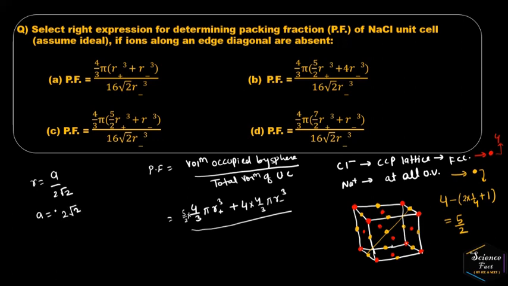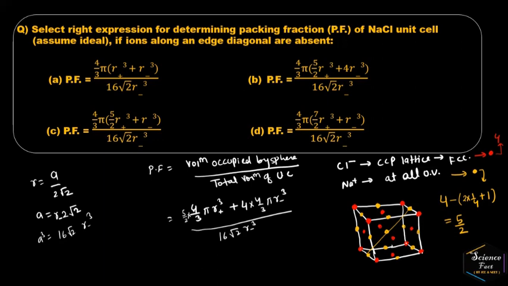But this r is nothing but r minus, because the FCC unit cell is created by chloride ions, that is why we have taken r minus. So of course a cube is equal to 16 root 2 r minus cube. This is the volume, 16 root 2 r minus cube.